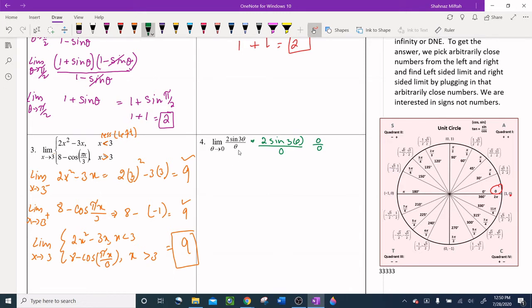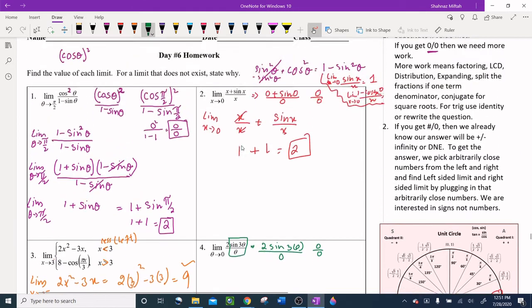Should I rewrite the question? I have a single, like a one-term denominator, and I should use an identity. If you guys pay attention, I have sine 3 theta, right? If I can separate this, when I have the argument and the denominator exactly the same and the limit approaches 0, then this whole thing is supposed to equal 1, like the one I gave you up here.